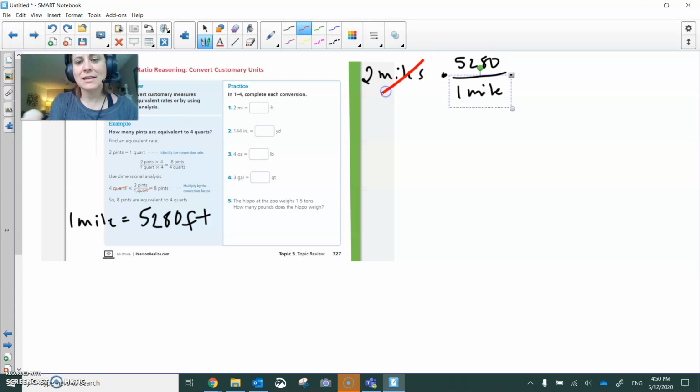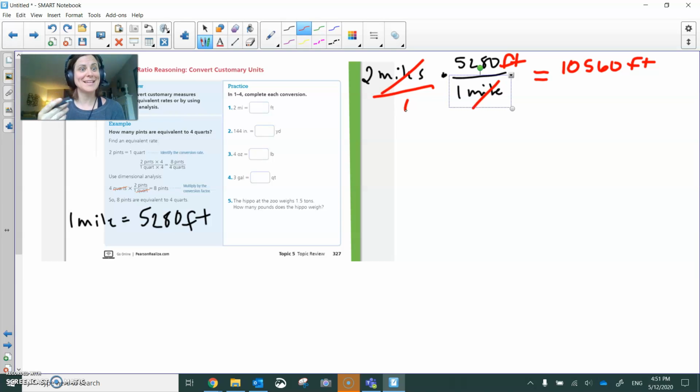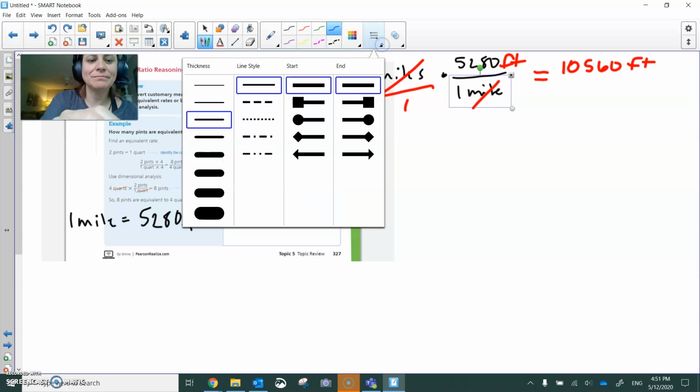So miles cancel. 2 times 5,280 is 10,560 feet, and 1 times 1 is 1. So the answer is 10,560 feet. That's it. Dimensional analysis. Next question.